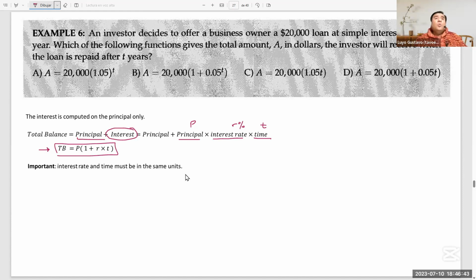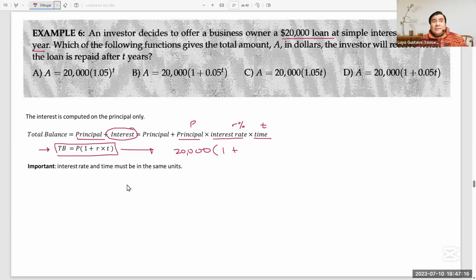So here, what would be our principal? We know this is what you borrowed, $20,000. And the interest rate here, 5% per year. We have our rate, which gives the total amount, that is the total balance the investor will receive when the loan is repaid. Following this, we have 20,000 multiplied by 1 plus, what is the interest rate?